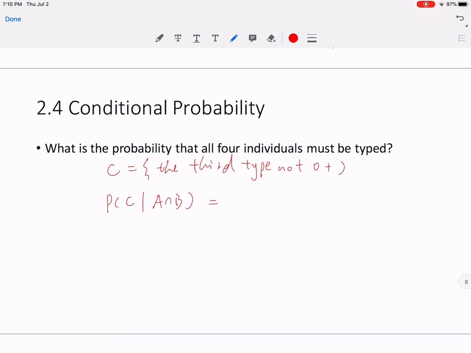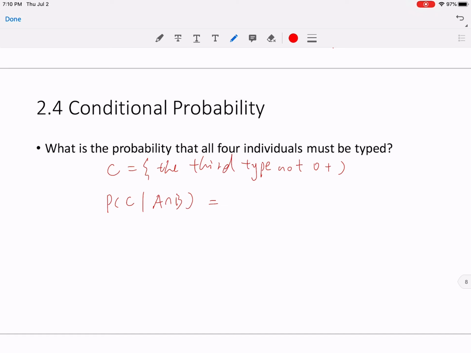What does it mean? C given A intersection B means if we have known the first 2 people don't have the O positive type blood, what is the probability that the third one does not have the O positive?